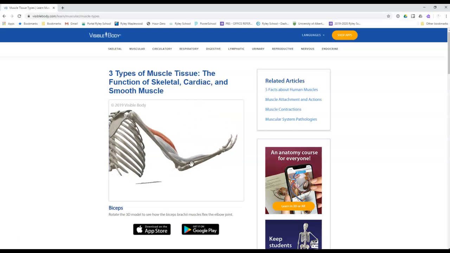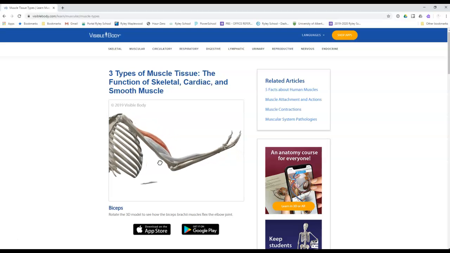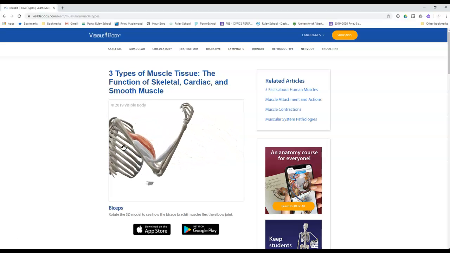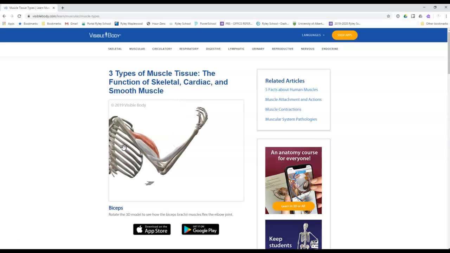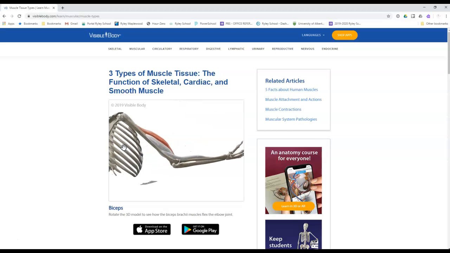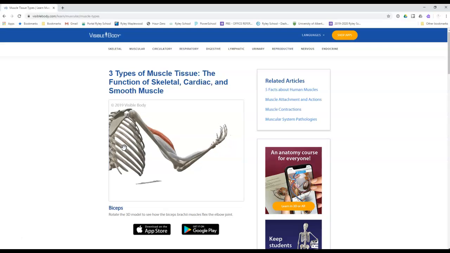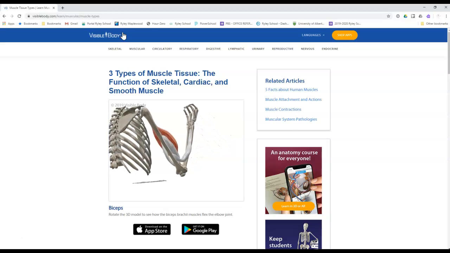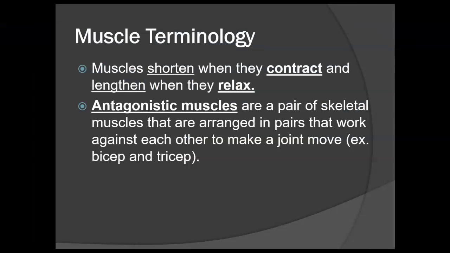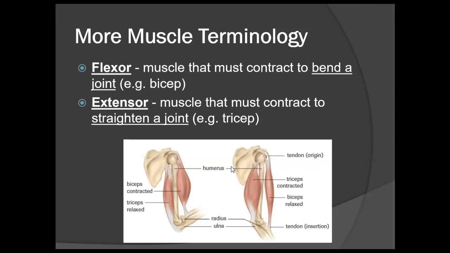And so when the arm is straightening, like it is now, we are using the triceps muscle to straighten it, and that is opposed by the biceps muscle, which curls your arm up and bends the joint. So these two work together to bend the actual joint that we're working on. So that's what we call an antagonistic pair of muscles.